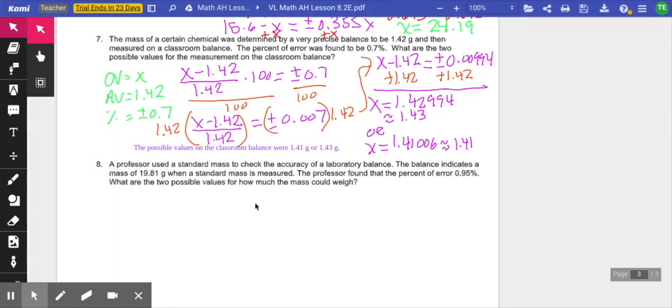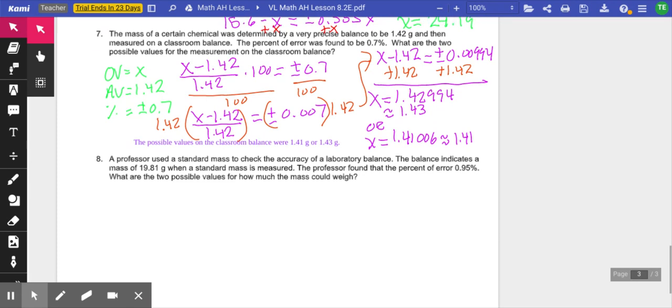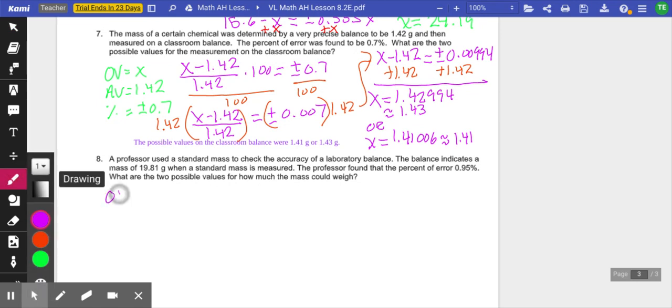All right, so again, I read the problem, and now I want to do my observed value and my accepted value and my percent error. I have to figure out what I am looking for. So I saw the percent error. That was plus or minus 0.95. Again, very close. Okay. We want to know what are the possible values of how much the mass could weigh.